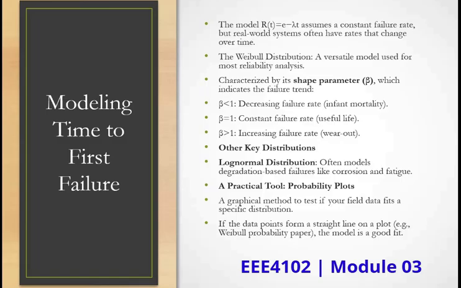It can be fatigue from running for longer hours, or material degradation. Think of a relay, for instance, whose contacts are slowly degrading over years of use. That's what happens when it comes to wear out and when beta is greater than 1.